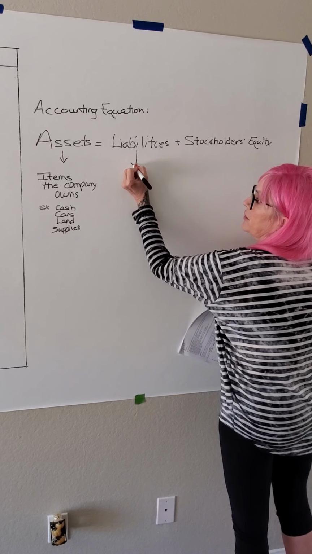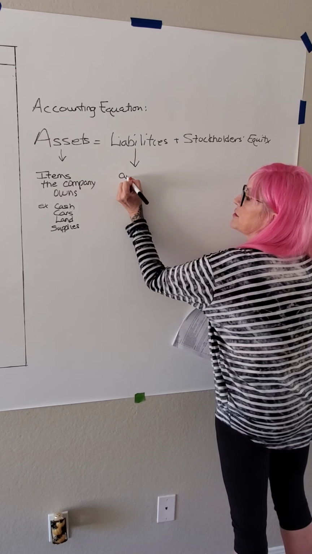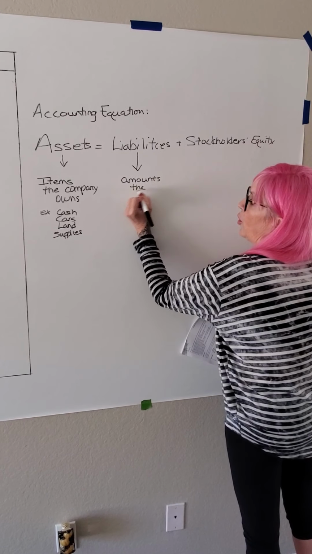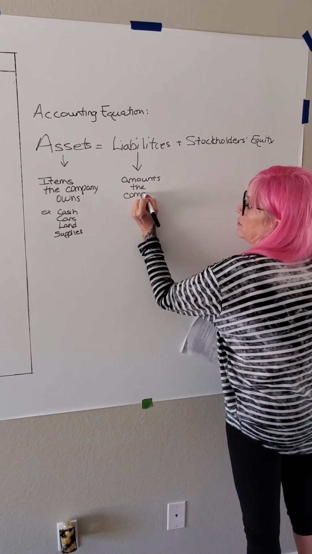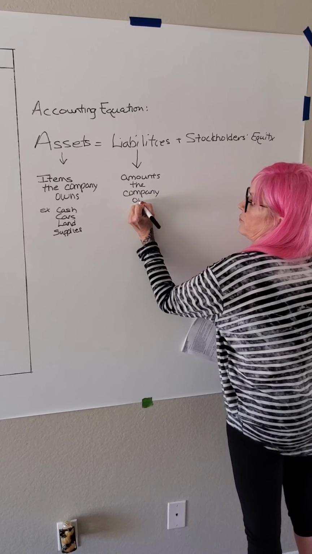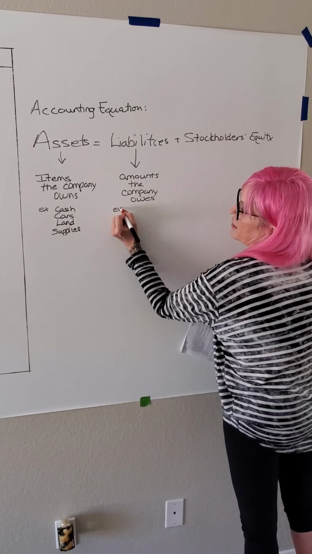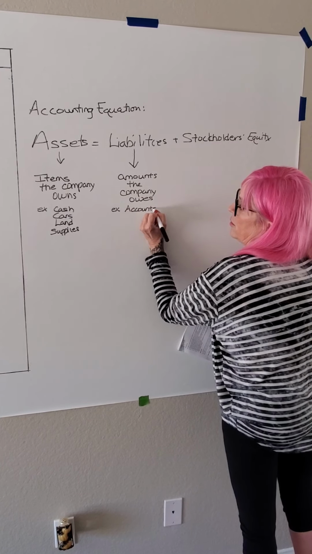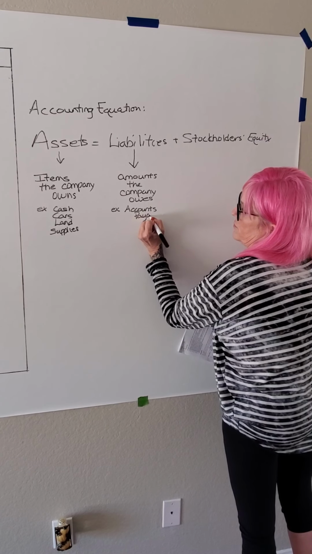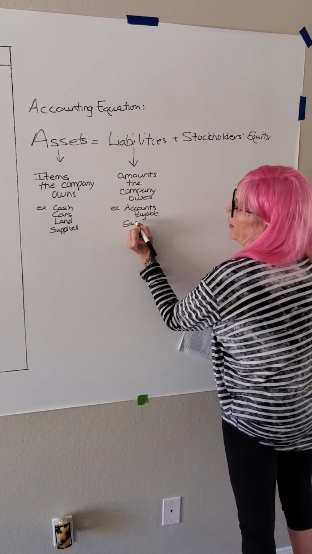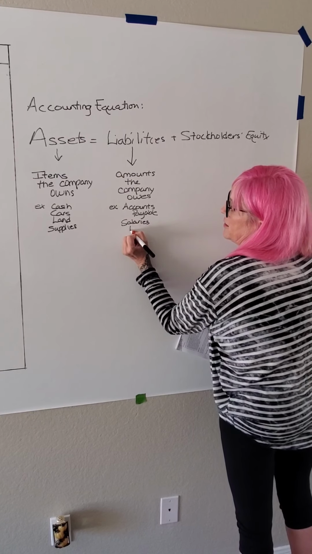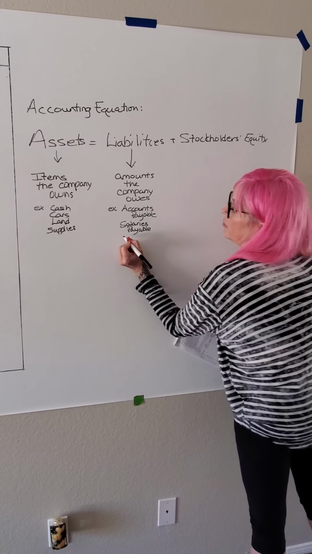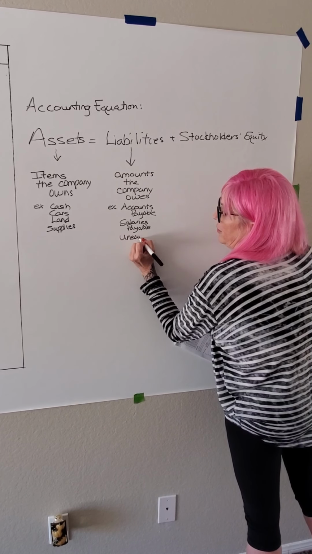And liabilities are amounts the company owes. So this would be things like accounts payable, salaries payable, anything with payables on it. And then an item we're going to learn about later is unearned revenue.